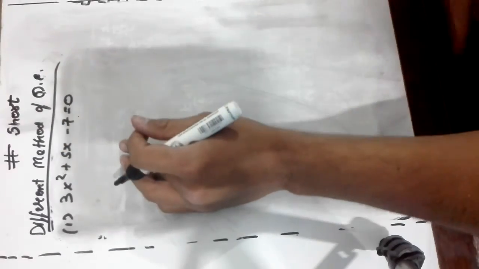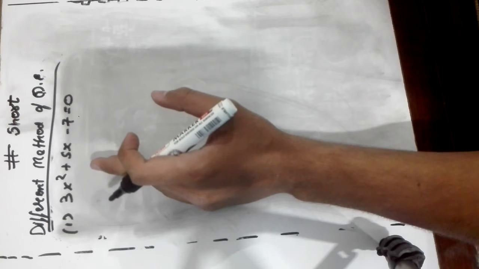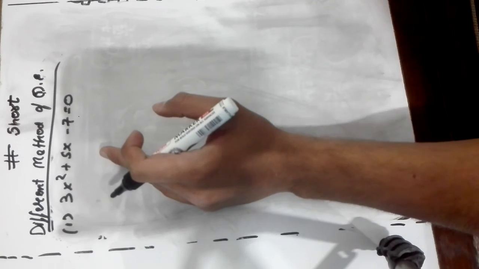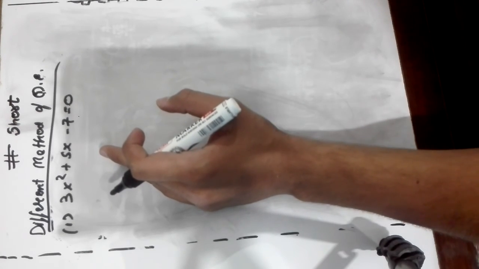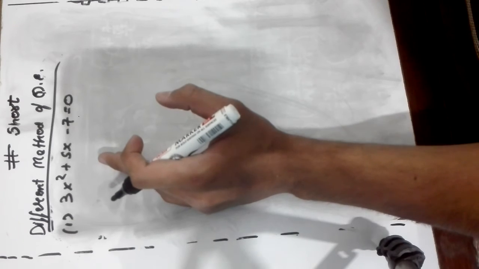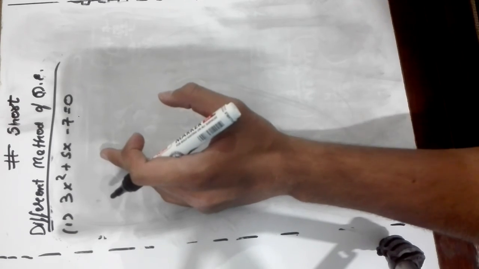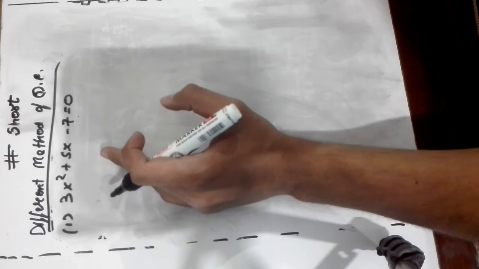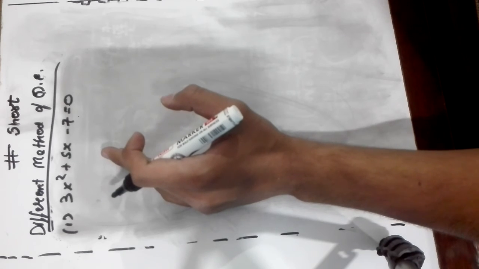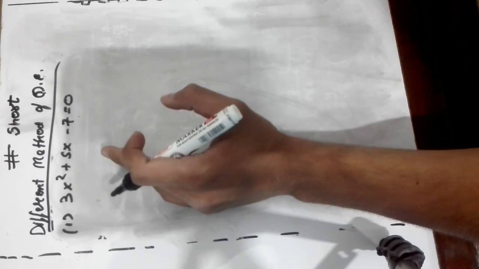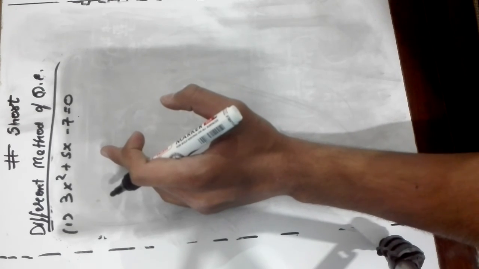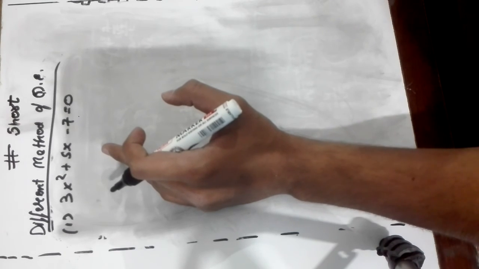In this question, as you know in NCERT, first you have to determine the discriminant by using the formula D equals to b square minus 4ac. Then you have to check that if D is greater than 0, then it has two real and distinct roots. If D is equal to 0, then it has two real and equal roots, and if D is less than 0, then it has no real roots.